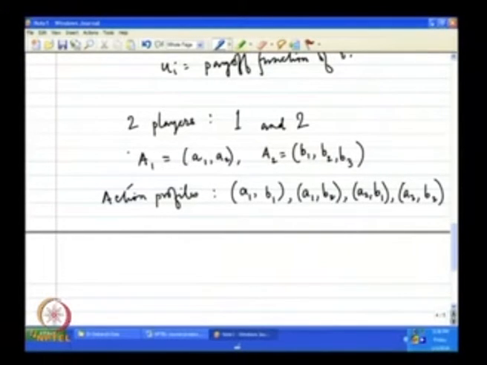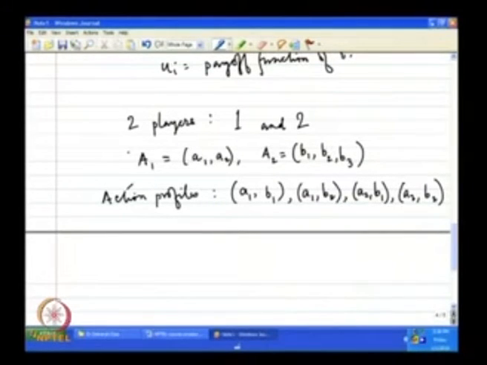So, depending on the size of the action sets of each player, the number of action profiles can go on rising. And of course, if the number of players is more, say n players, then each action profile would consist of n elements.